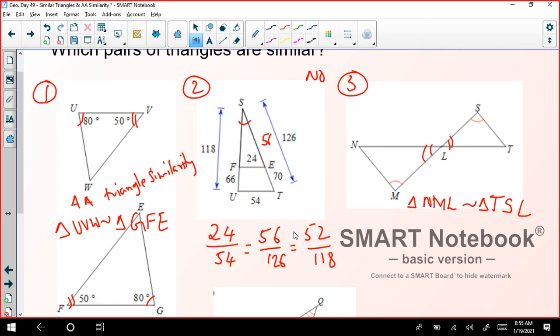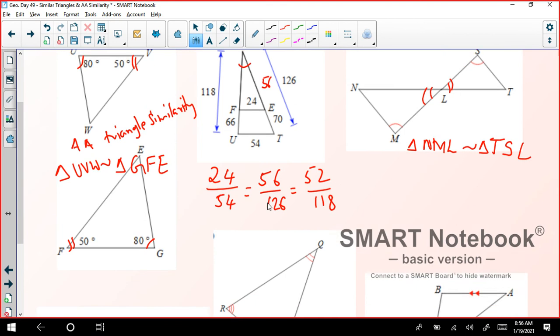They will all give you the same decimal number, so they are proportional, and you can further conclude they are similar, but not by using AA similarity. That is by a different method, which we will see in those kinds of problems later.